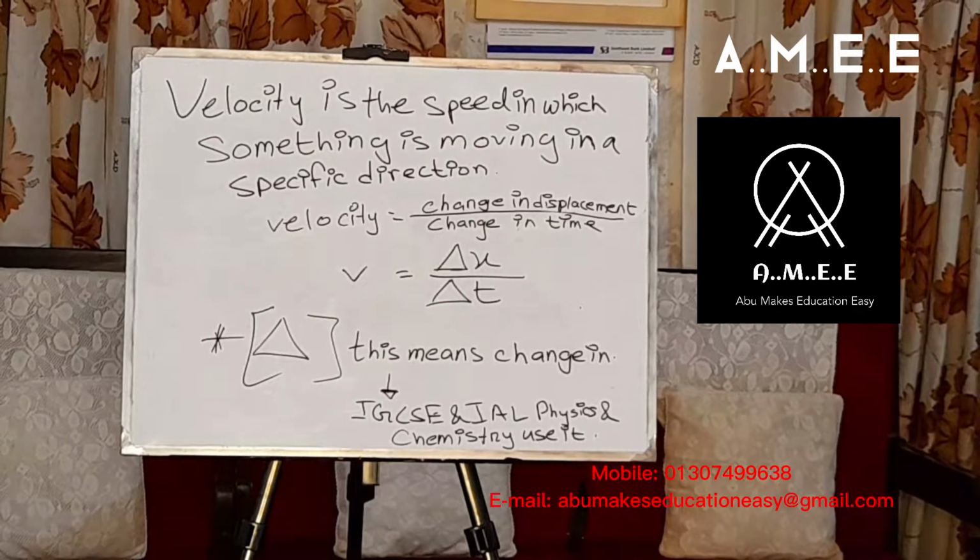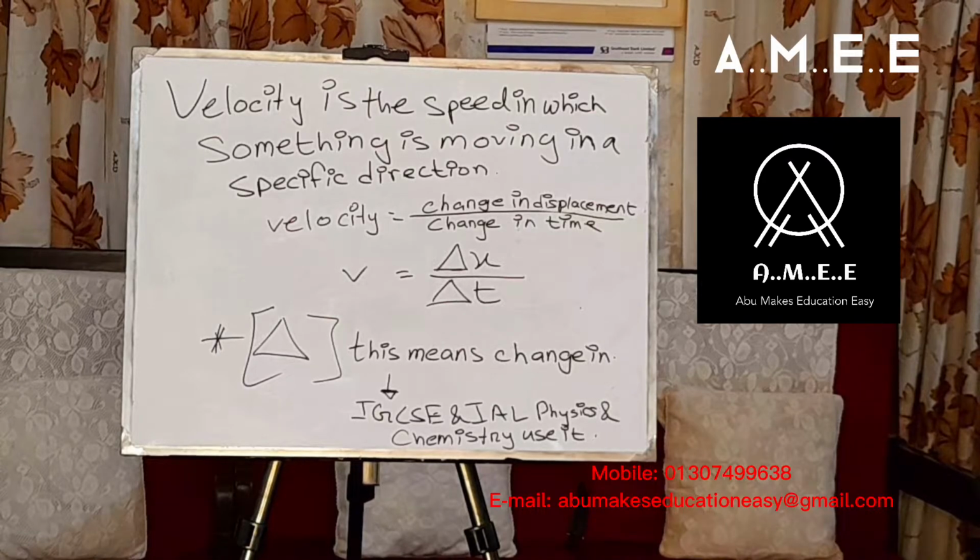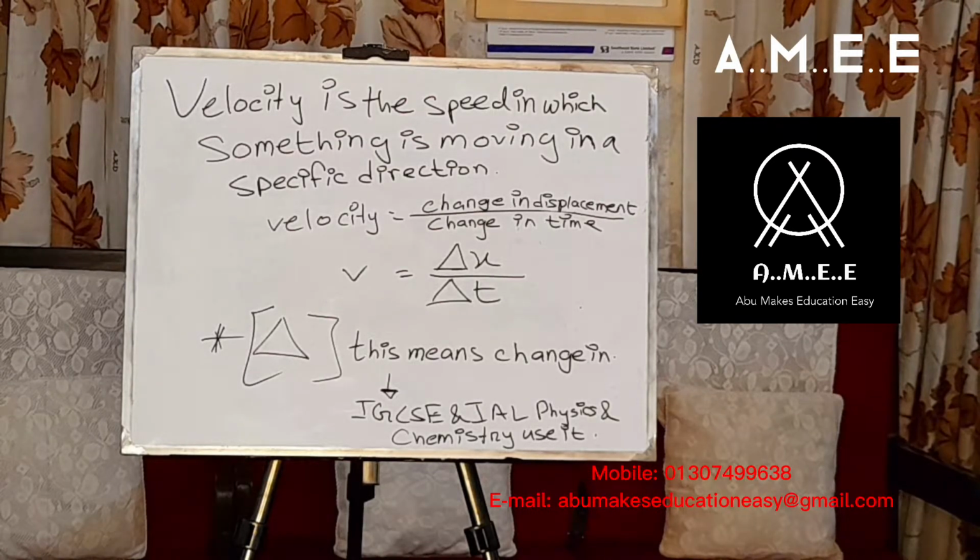But velocity is the speed at which something is moving in a specific direction, which means that the object will have a speed in a specific direction. It could be downwards, upwards, towards the right or towards the left, or towards the front or towards the back. It should have a specific direction.